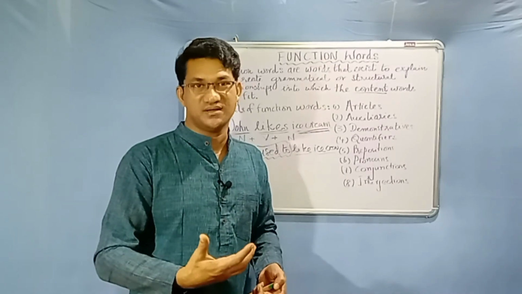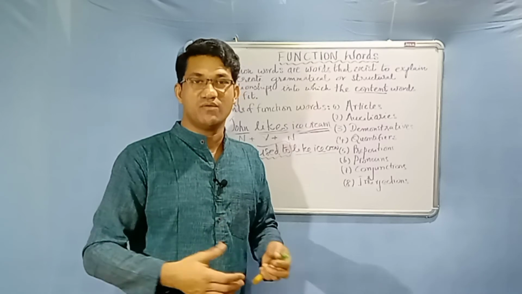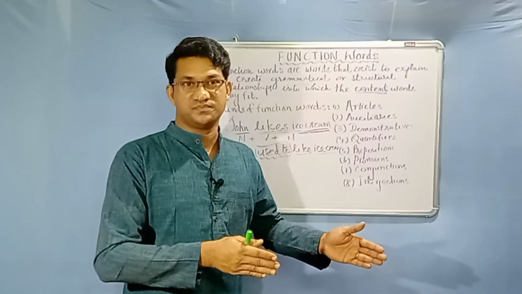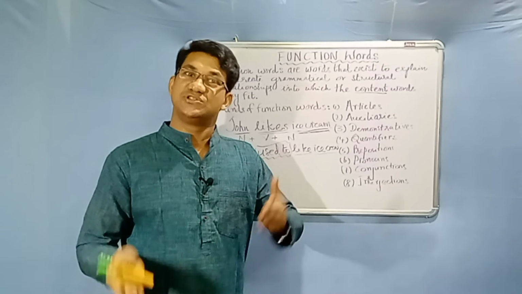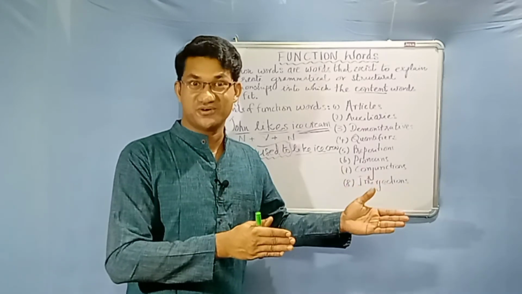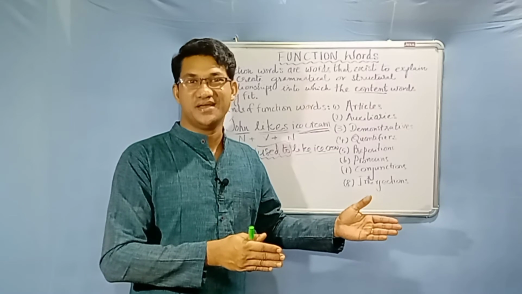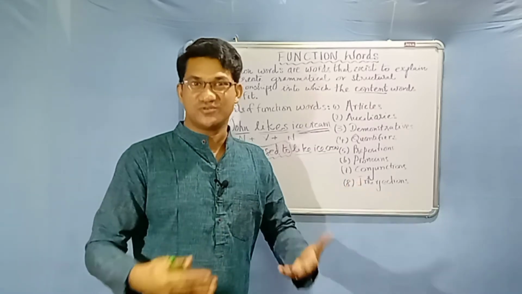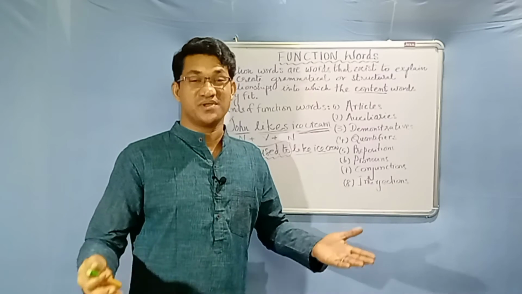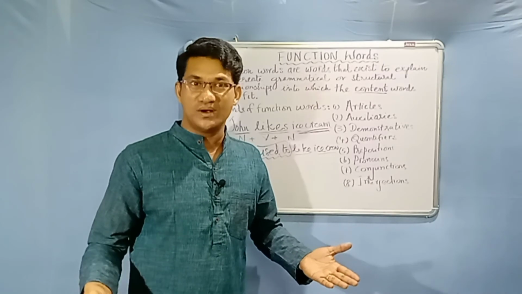So we want to say John likes ice cream, John liked ice cream, John will like ice cream. Maybe John right now does not like ice cream, but later, when he is okay, not now, of course, he is having some sickness, maybe some fever or some cold, and he does not like it.